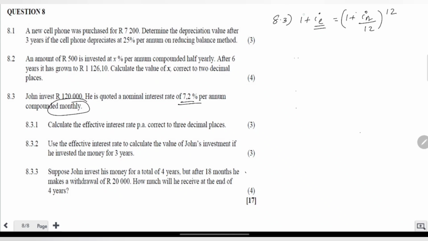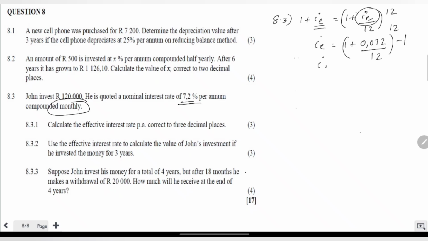All right. So how do you find this one? You have to send the other side. Where, don't forget, this one is given. What is that? 7.2, which is the same as 0.072. So the effective interest rate is equal to 1 plus nominal, 0.072 divided by 100, that percentage, over 12, to the power 12, minus 1, isn't it?